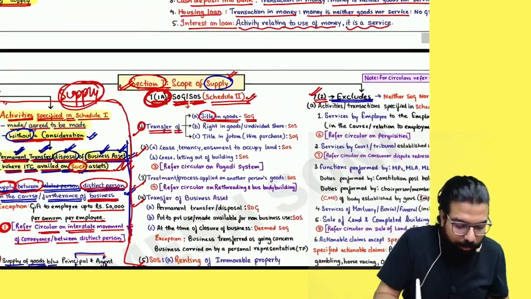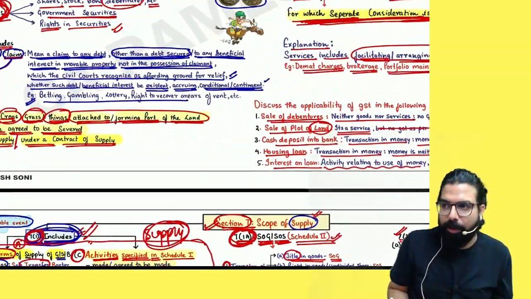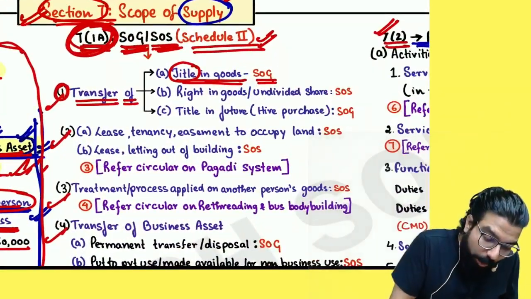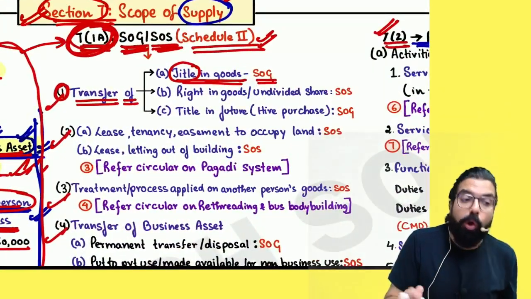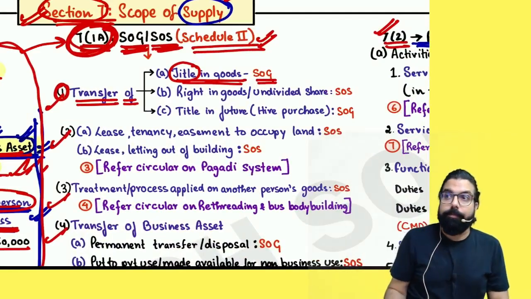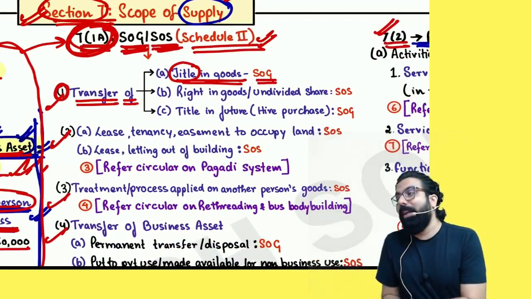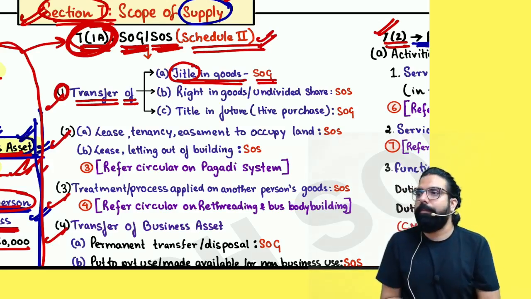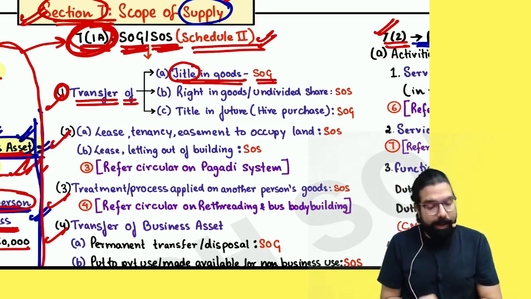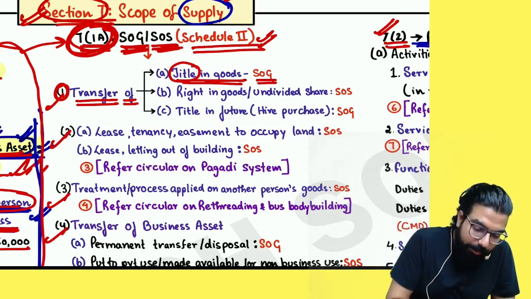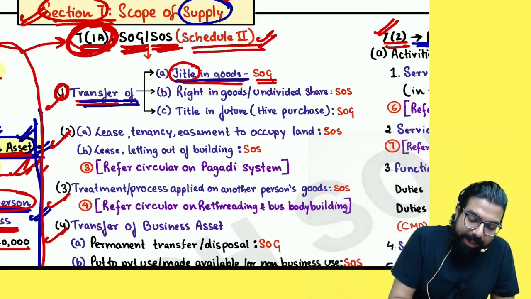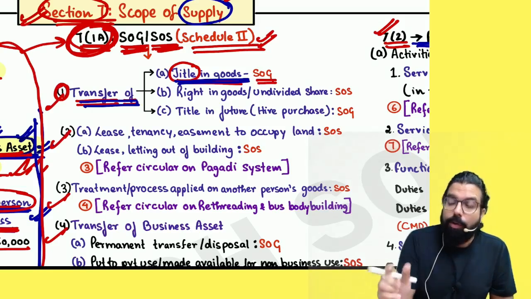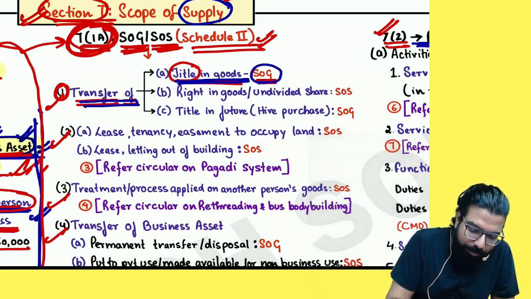First of all, it has to be supply under section 7.1. Now, whether it is supply of goods or supply of service, who told? 7.1A says, whenever there is a transfer of title in goods, it will always be supply of goods.